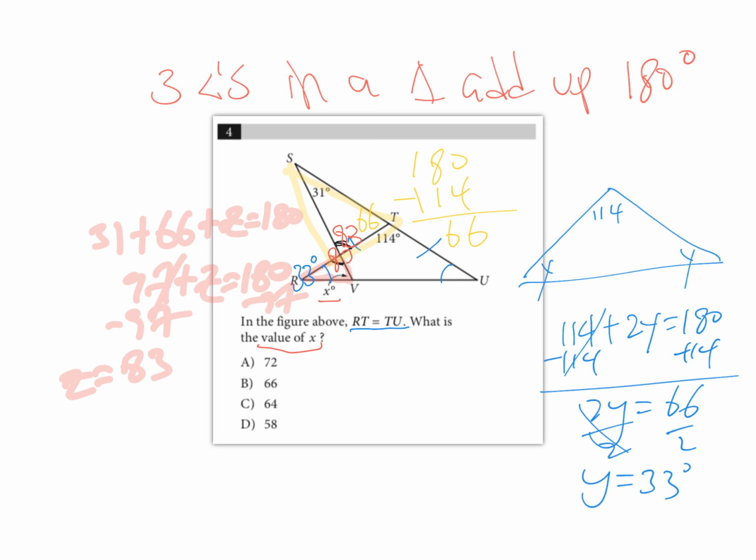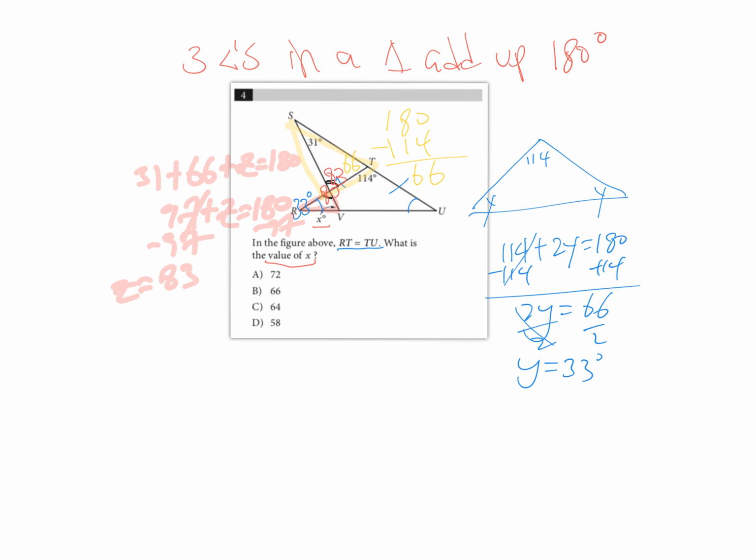We're finally on the last leg of this problem. I'm gonna redraw this last triangle for sake of clarity. I have the bottom left angle being 33 degrees, the top angle being 83, and the angle X I'm looking for right there. And our final equation: 33 plus 83 plus X equals 180, because there are three angles in a triangle.